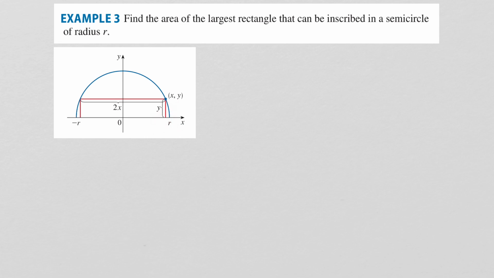Now, the rectangle doesn't have to look like that, right? The rectangle could be drawn more like this, or it could be drawn like this. And so there are lots of possibilities for how we could draw this rectangle. But we want to try to find the rectangle that has a maximum area.